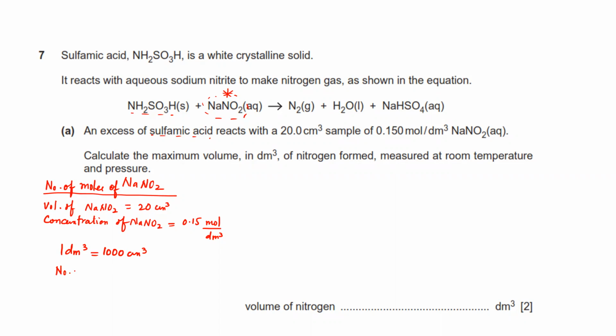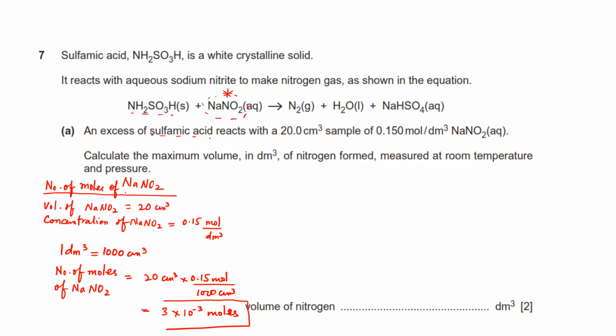Number of moles of NaNO2 will be equal to 20 cm³ multiplied by 0.15 mol per 1000 cm³. So this gives 3 × 10^-3 moles of sodium nitrite.